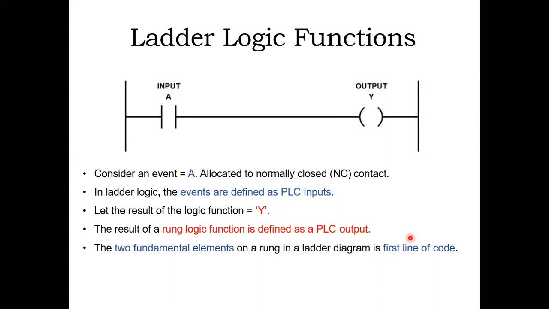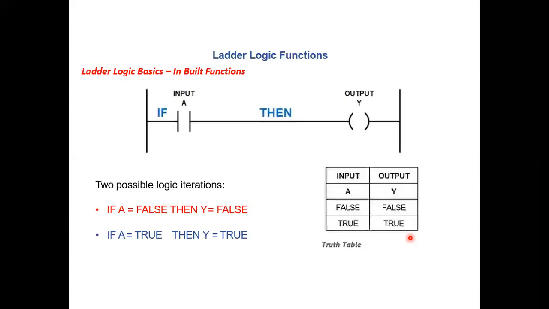The two fundamental elements on a rung in a ladder diagram are the first line of code. So this is a simple example of a basic ladder logic built-in function, that has an if-then operation.